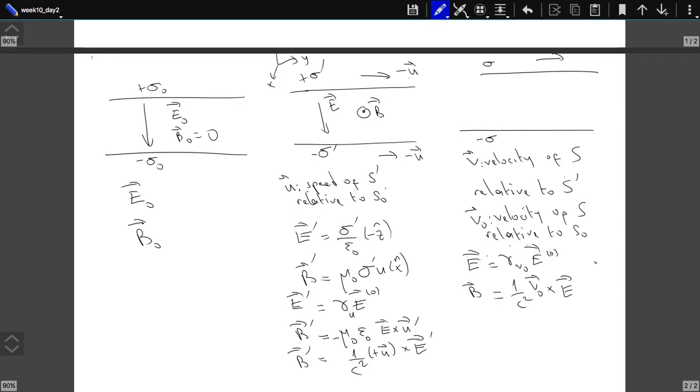If you are in this reference frame, you will describe this phenomena as if the two plates are exerting electric forces on each other. That will be your description. I go to this reference frame. In this reference frame, I will describe it as, okay, there is a relative electric force and also a magnetic force between these two. We are describing the same phenomena, but our perspectives are slightly different.